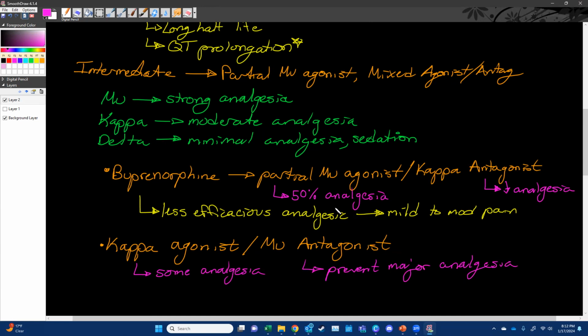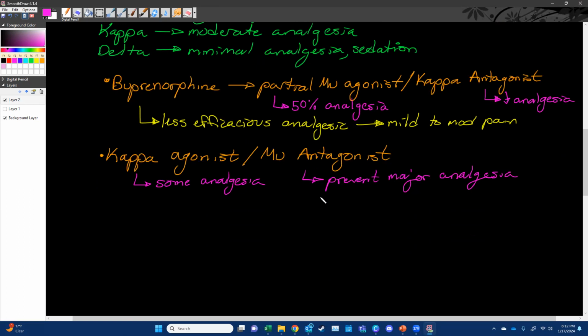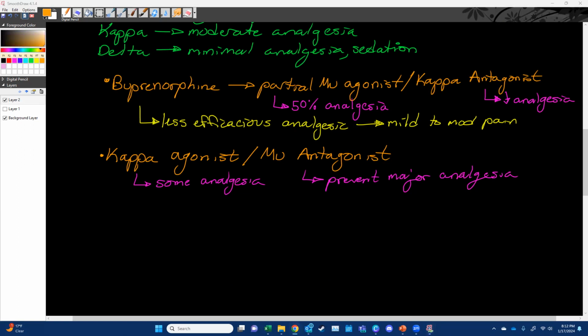So all of these drugs are going to be only somewhat effective in blocking the pain that someone is going to feel. And really, all of these drugs fall into this category.